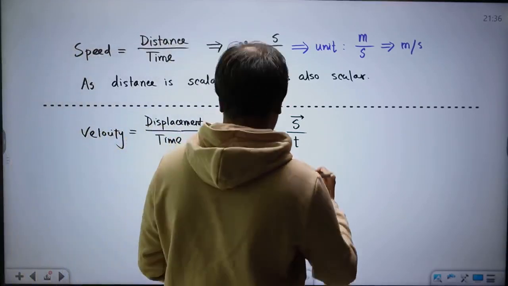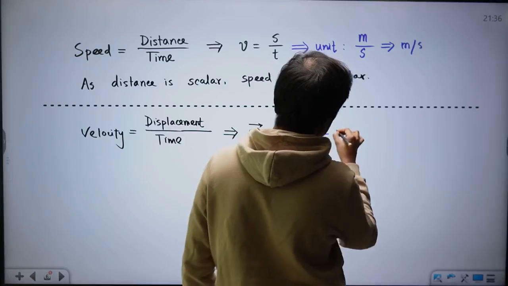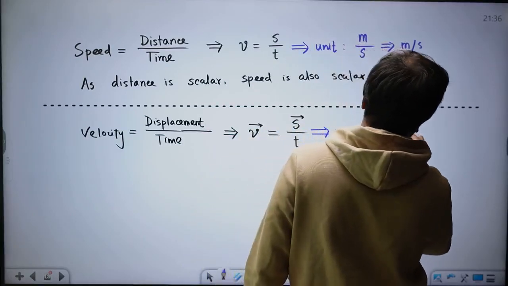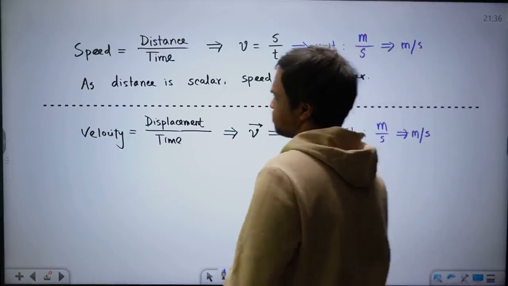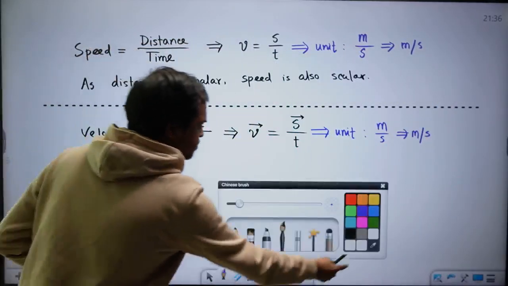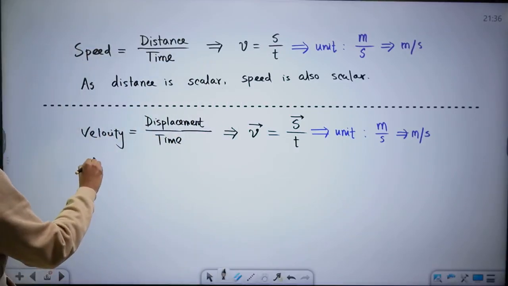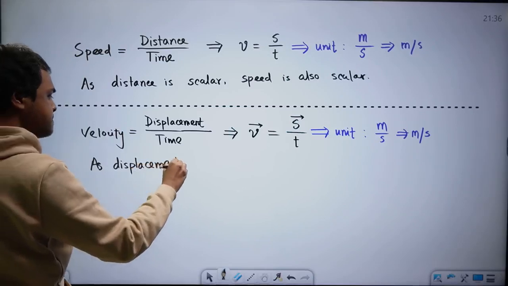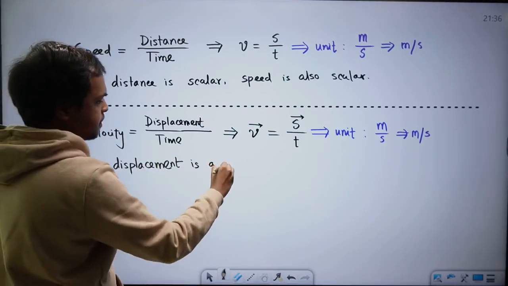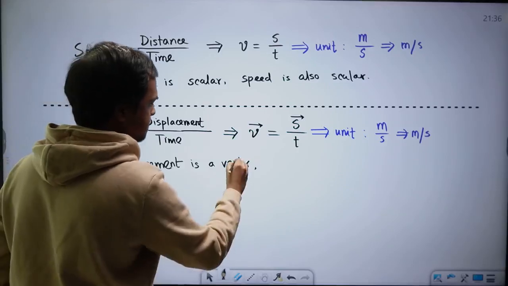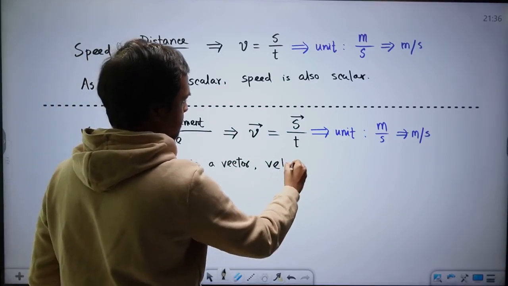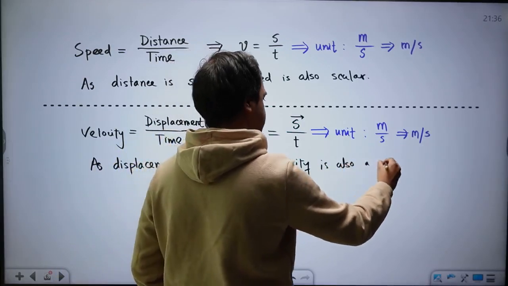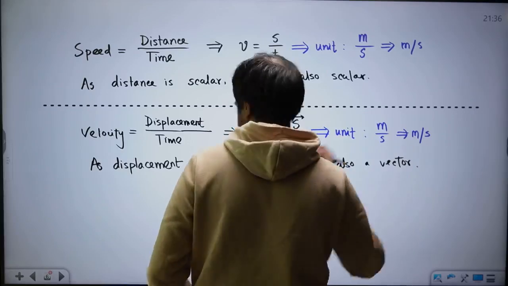It also has a unit of meter per second. And let's finish by writing: displacement is a vector, velocity is also a vector, right? Okay, done.